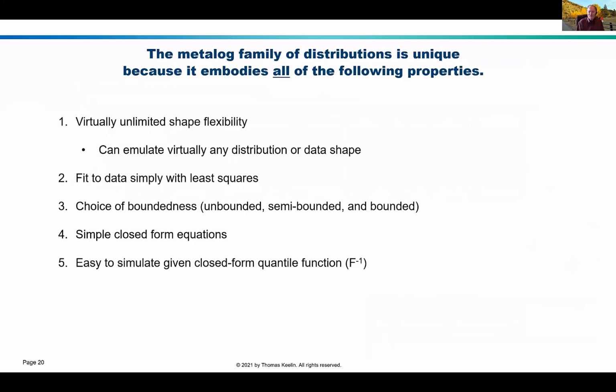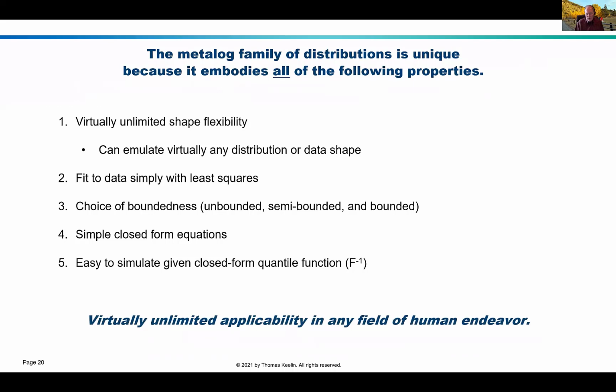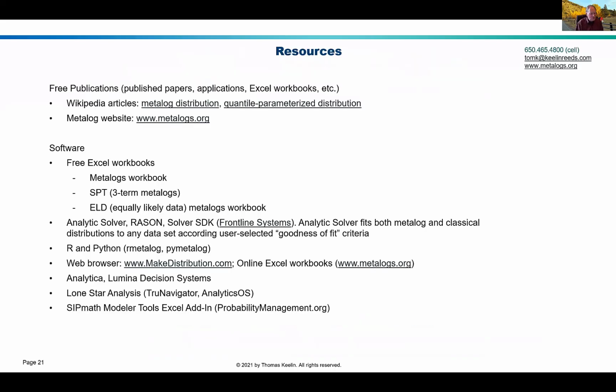So the Metalog family of distributions is quite unique. It embodies all of these following desirable properties, and it's these 5 properties together that comprise the uniqueness of the Metalog distributions. And in terms of resources, there are free publications. There's a Wikipedia article, but look at the Metalog distributions website.